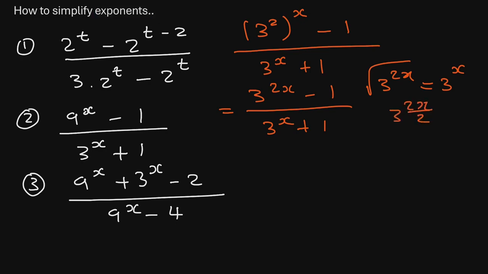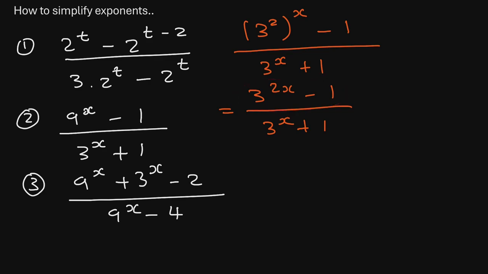So this is a perfect square, and 1 is also a perfect square. This means at the top we have a difference of 2 squares. You need to be able to see that.